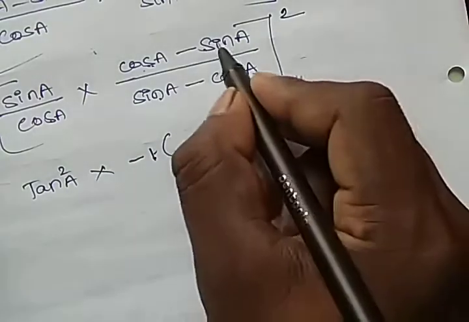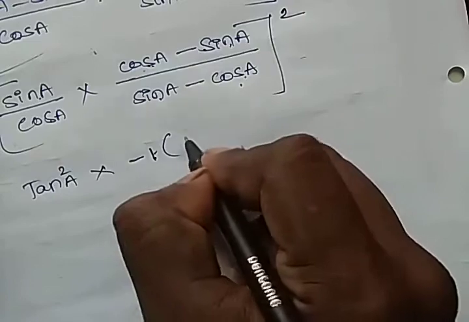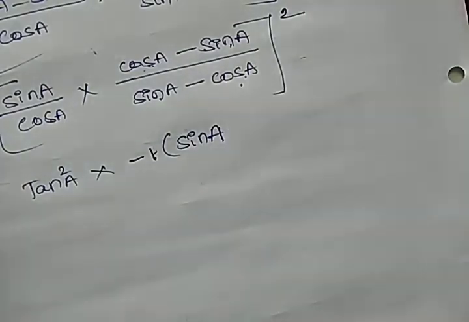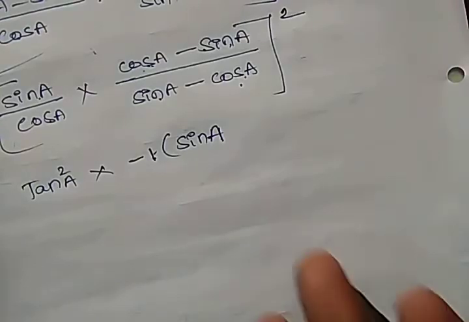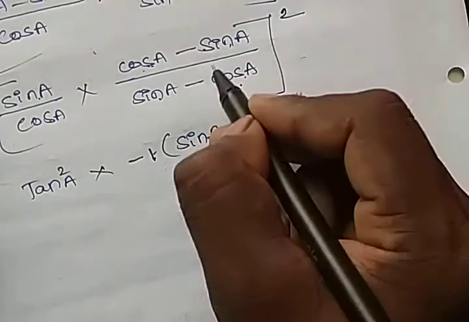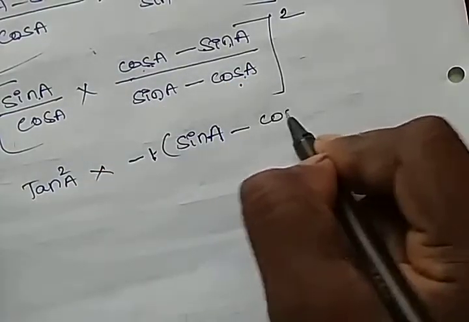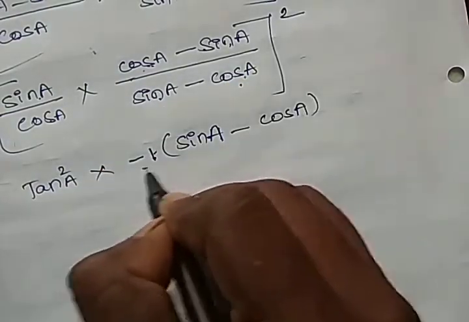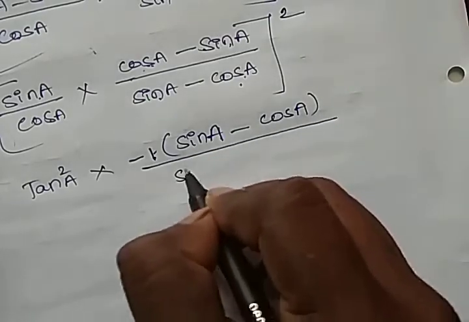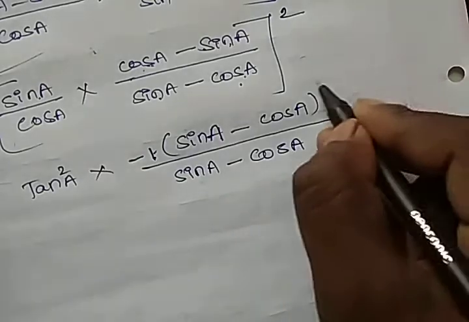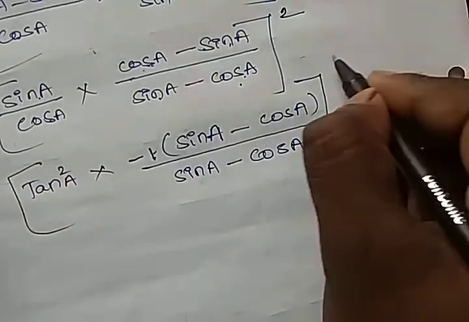Always remember, when you take -1 common, all the values inside they get changed. Opposite हो जाएंगे. Minus becomes plus, plus वाला minus हो जाएगा, minus cos A. And denominator को as it is रहने दो, sin A minus cos A. Close the bracket and whole square.